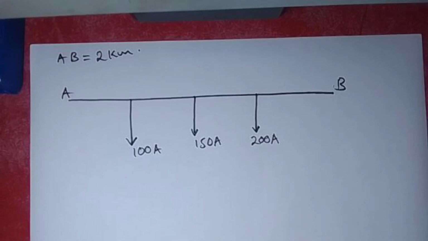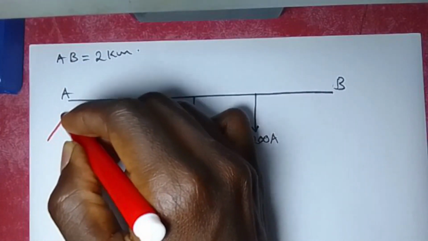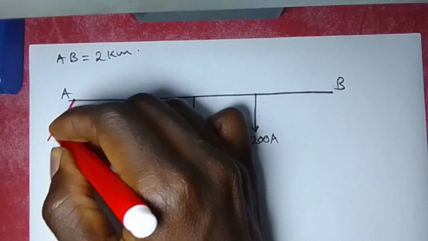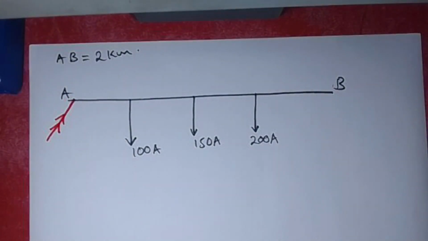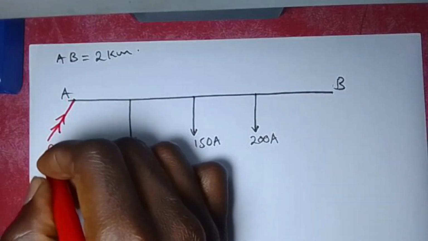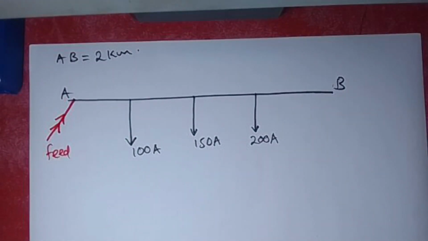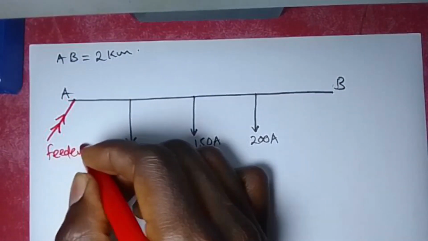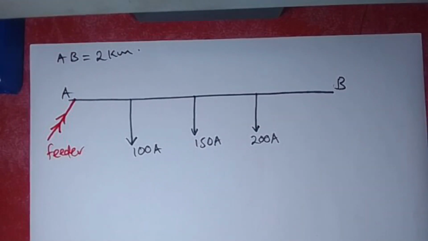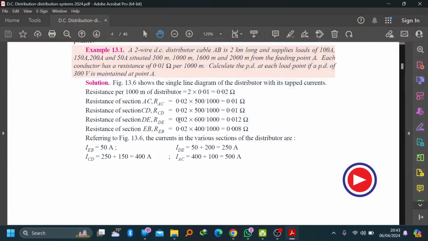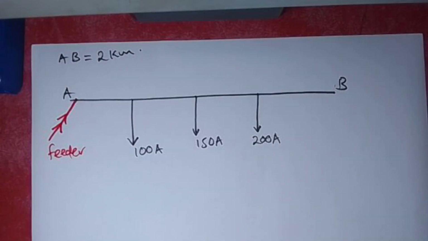So point A is the feeding point. If point A is the feeding point, I can represent it as follows. This is the feeding point, so that is our feeder at that point. And now they have told us that the loads are situated at 500, 1,000, 1,600, and 2,000 from that respective place.